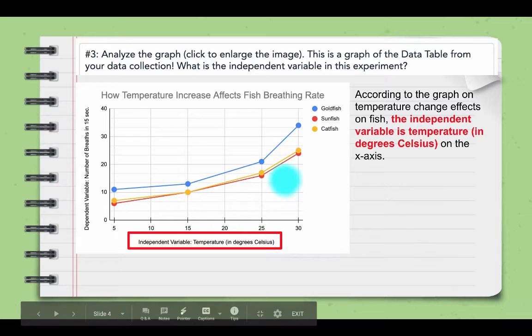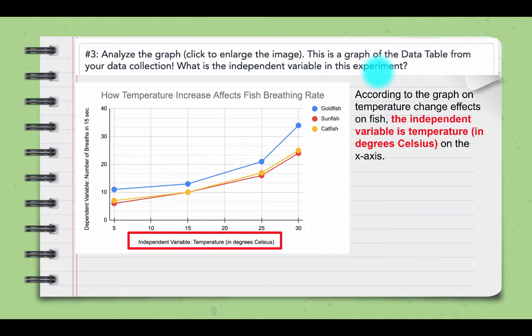Then we looked at the independent variable of this experiment. Whenever we look at a table, we first want to read the title, How Temperature Increase Affects Fish Breathing Rate. Then we want to look at what we're looking at, which in this case are three fish over time as the temperature increases. So the goldfish was blue, too bad it couldn't have been gold.